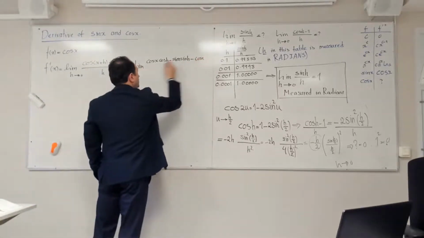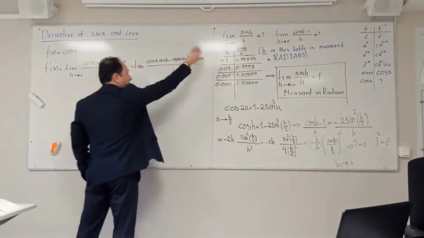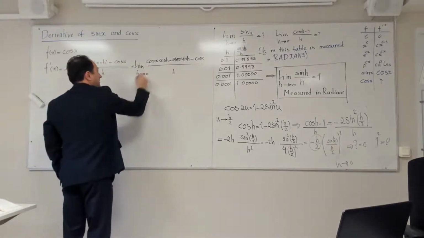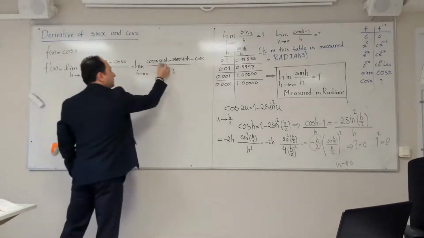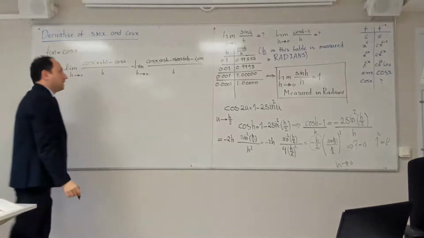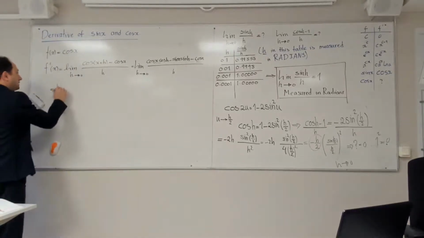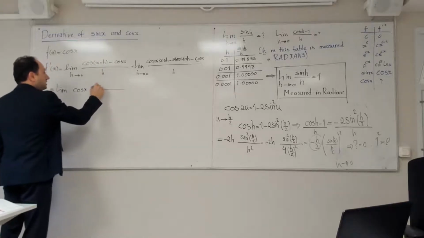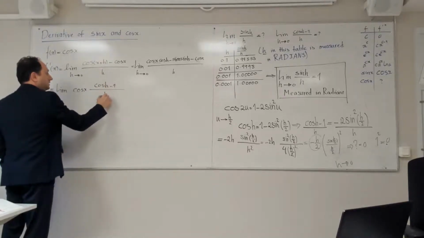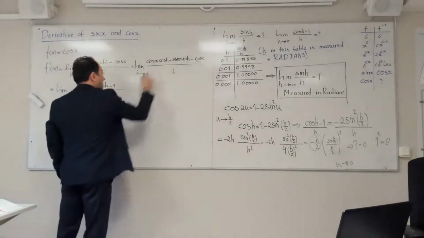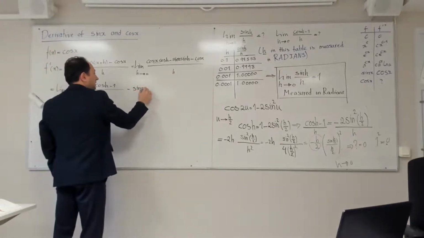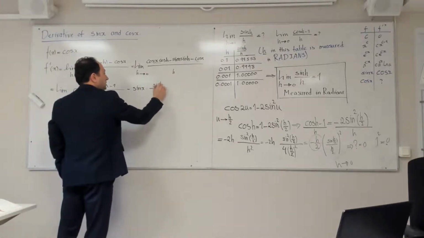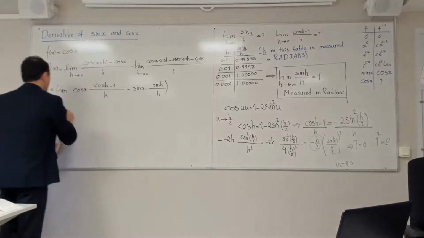So you see, the hard part is already done. Sorry, I factor cosine x out. Let me save time because that's exactly the same thing. And I divide it, and then I will have minus sine x, and then I will have sine h over h, as h goes to 0.